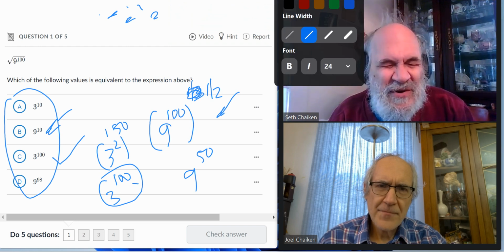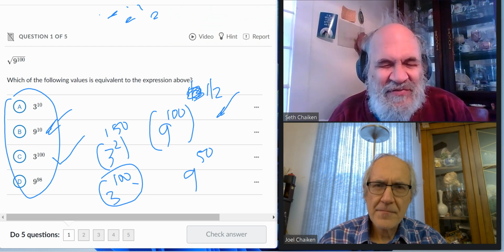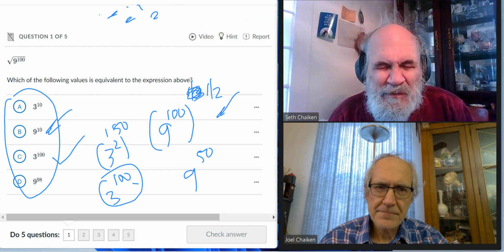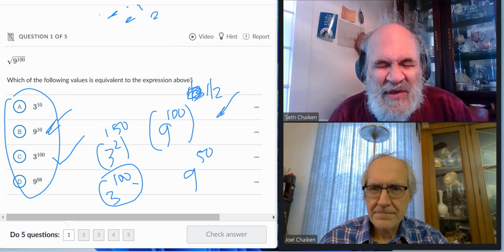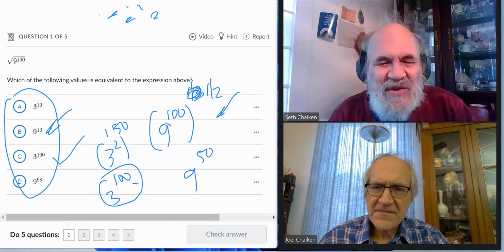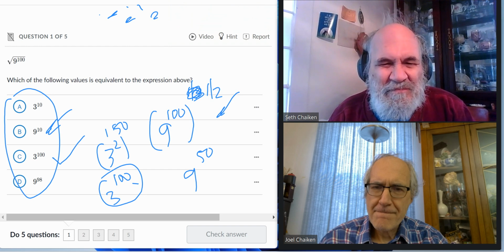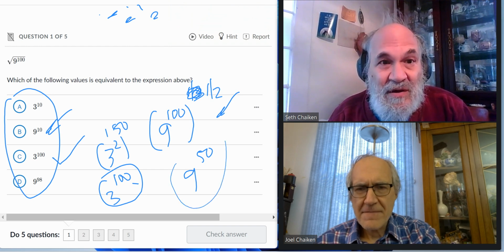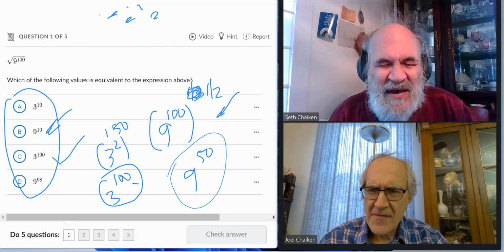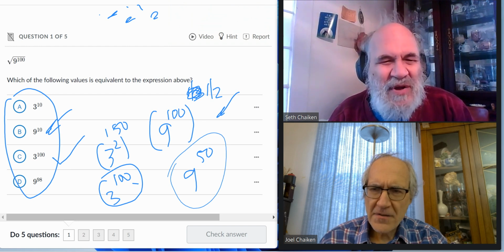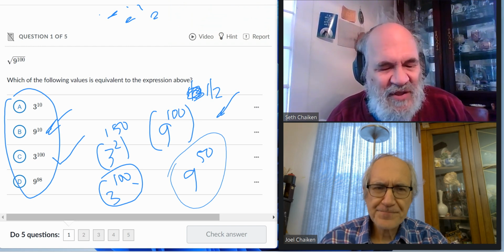After figuring it out, I looked to see if the other ones are equivalent, and I checked each one and saw that they weren't. But the 9 to the 50th that you wrote is equivalent to the given expression. Right. But it's not one of the choices.